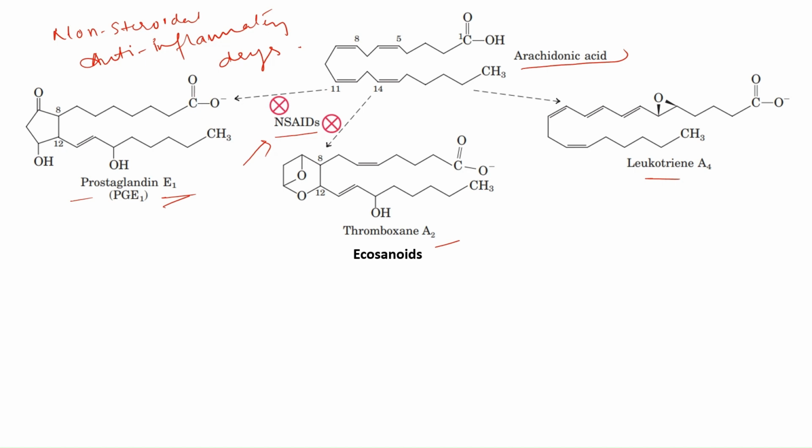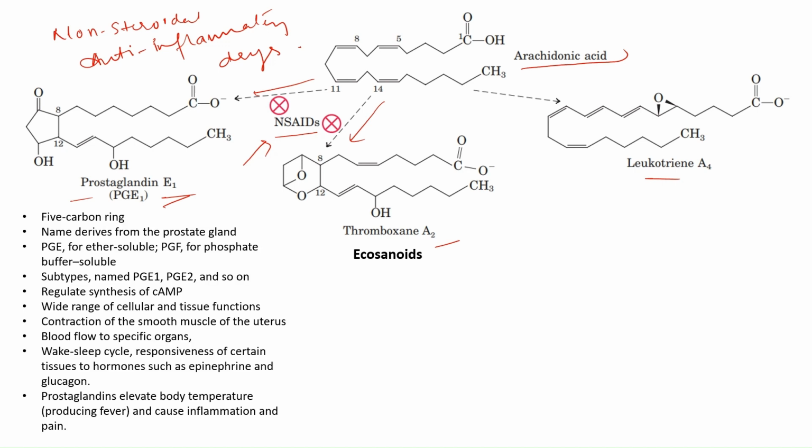What they do is they stop this pathway. They stop the production of prostaglandins and thromboxane. Because they are not produced, the inflammation won't be there. Because they are produced from arachidonic acid, these drugs stop the pathway of conversion of arachidonic acid to these eicosanoids.